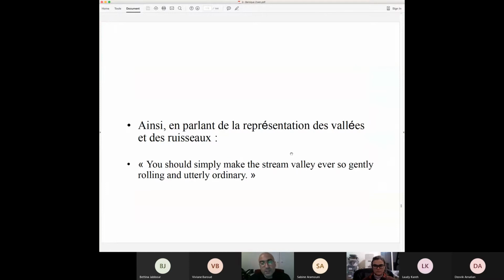So that when he was talking, for instance, on the representation of valleys, of rivers, you should simply make the stream valley ever so gently rolling and utterly ordinary.